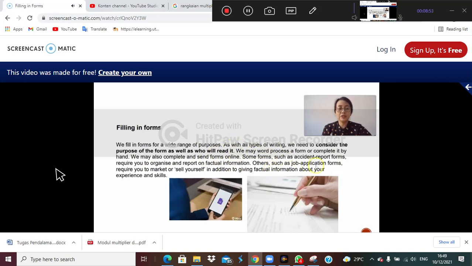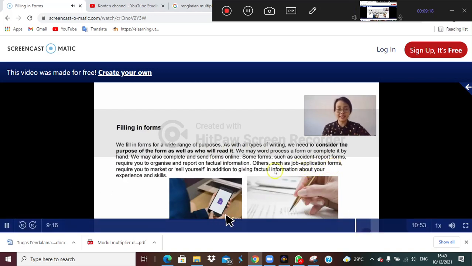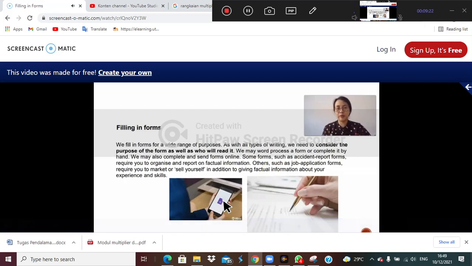Others, such as job application forms, require you to market yourself or sell yourself in addition to giving factual information about your experience and skills. If you are completing a job application form, it must be based on fact, but sometimes you can add more information that sells you best.